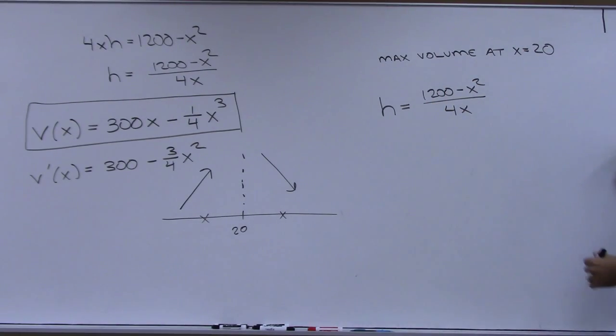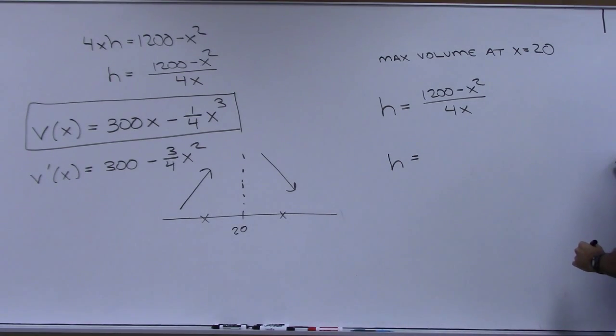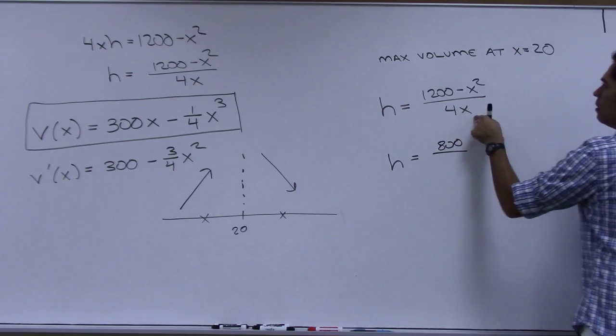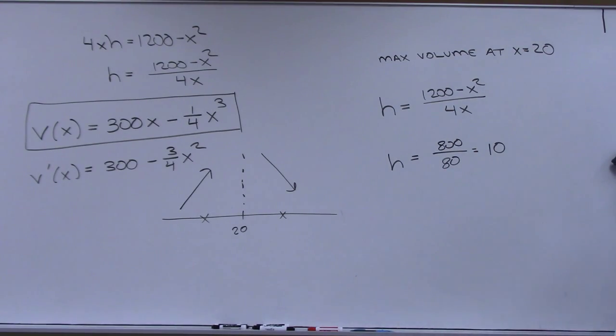And if I plug in 20 there, h would be 1200 minus 400, which is 800, over 80, which is 10. So now I actually know the dimensions of the box, don't I?